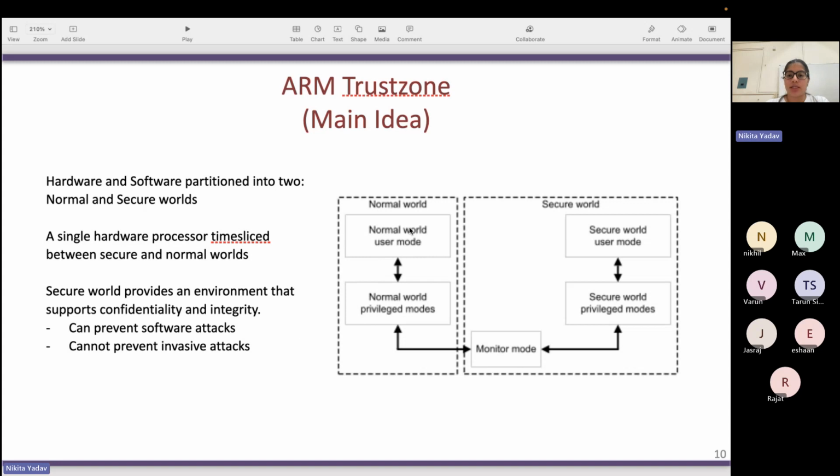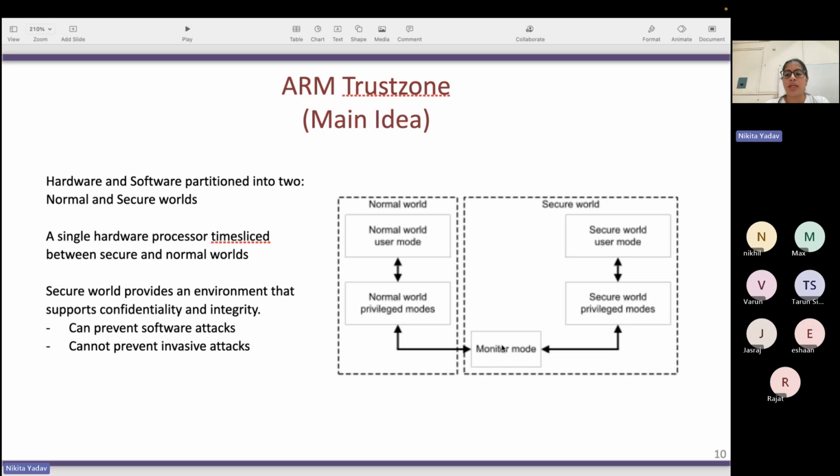The question I was asking was, if you are in the normal world and you're writing your code in the normal world, how will you go from the normal world to the secure world? You can use the SMC instruction. If you write an SMC instruction in your program, it is going to cause an exception.